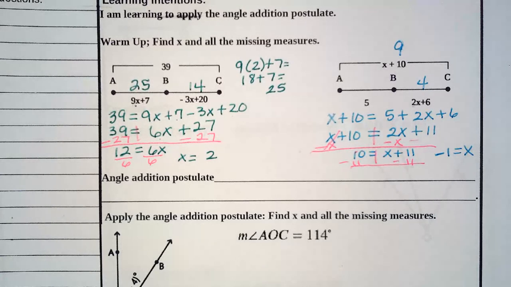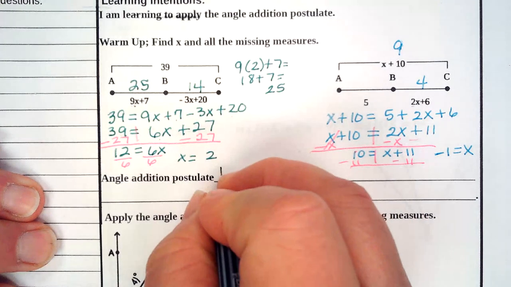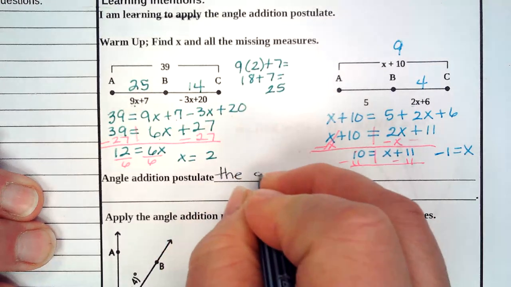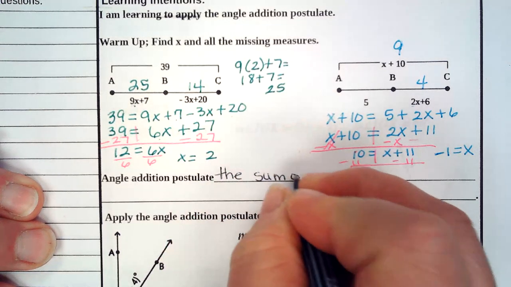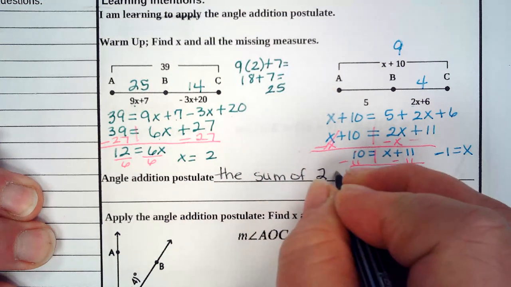Now, what is the angle addition postulate? Remember, I said that the whole length of the segment was equal to the sum of its two parts, or more parts. It could have more than two. The angle addition postulate is the same idea. The sum of two adjacent angles is equal to the measure of the angle they form.